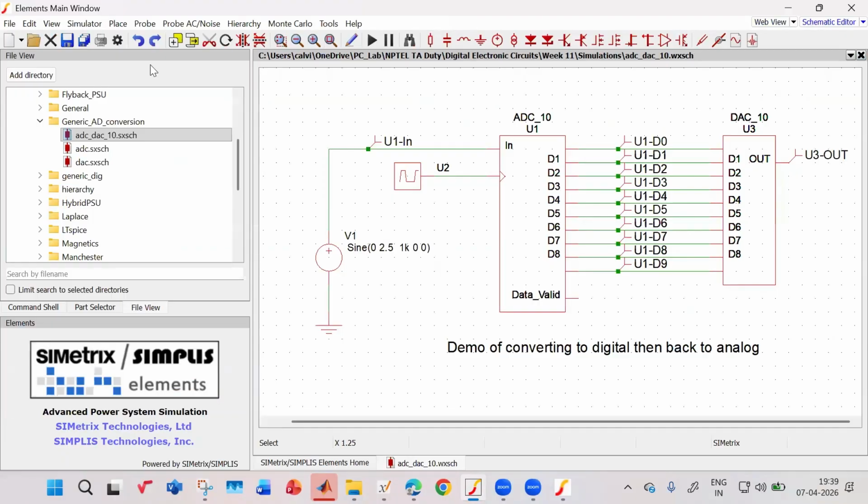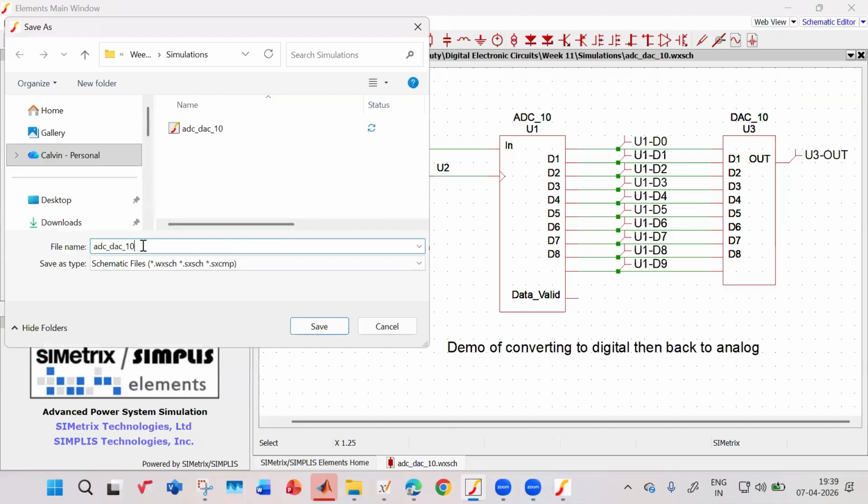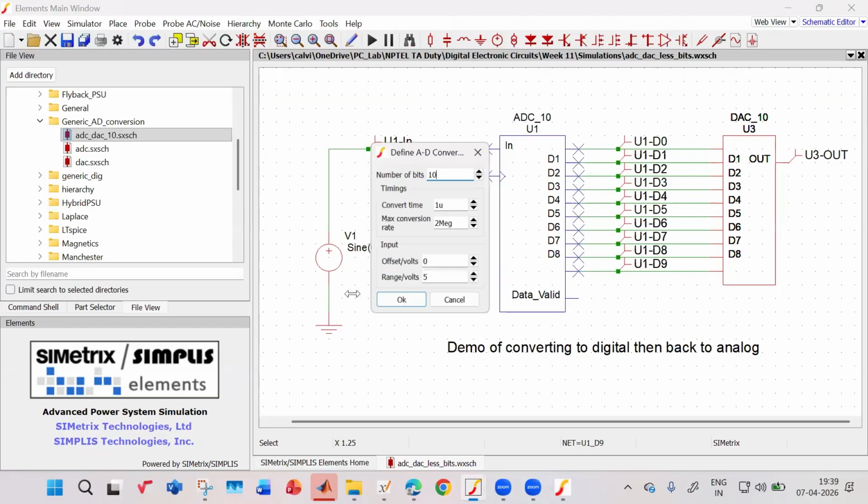Let us make a simplified one of this. See, ADC, DAC. Let's do 4 bits, fewer bits. It will be easier for you guys. So number of bits, let us say 4.